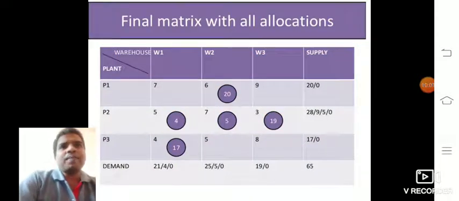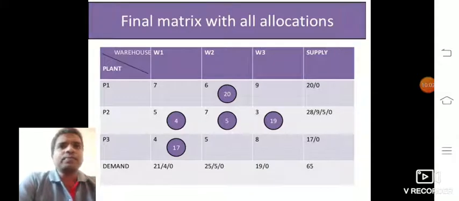Now your final matrix with the allocations is P1 to W2 6 into 20, P2 to W1 5 into 4, P2 to W2 7 into 5, P2 to W3 3 into 19, next P3 to W1 4 into 17.